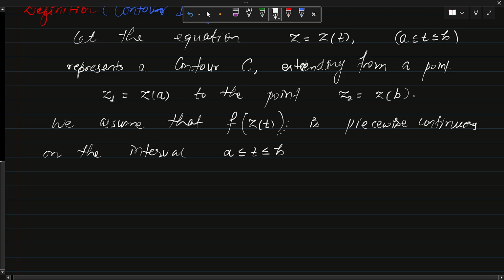Now this function is a function of this t.